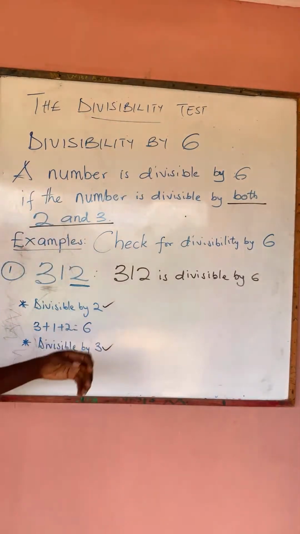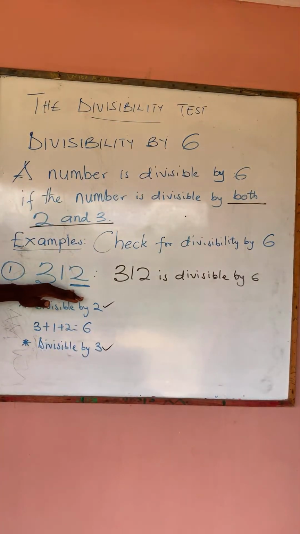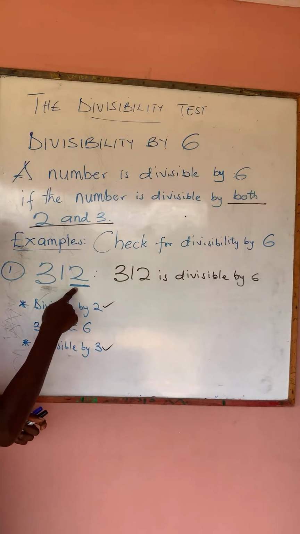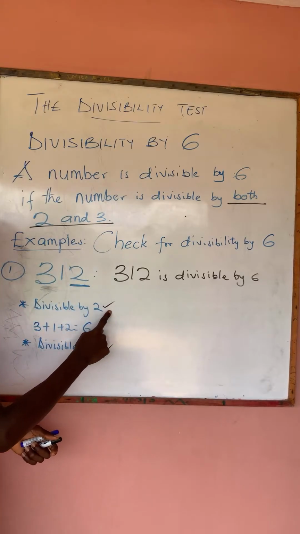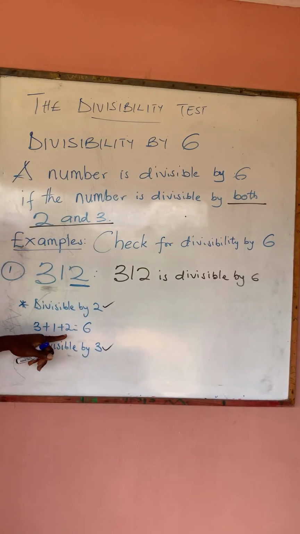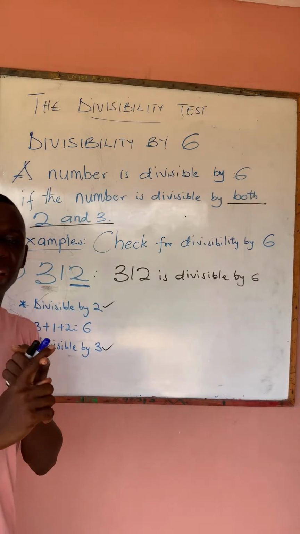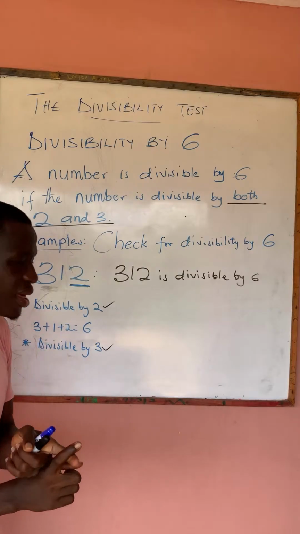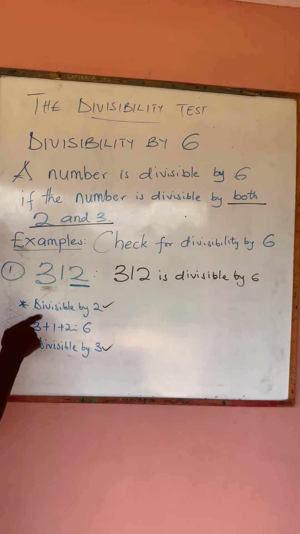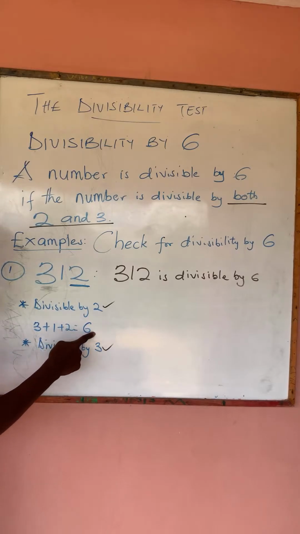So we take one example here, 312. We check for divisibility by 2 and saw that since the number ends with 2, it is divisible by 2. And for divisibility by 3, you add up the digits. If the answer we get is divisible by 3, then the number is divisible by 3. So we added 3 plus 1 plus 2, that's equal to 6.